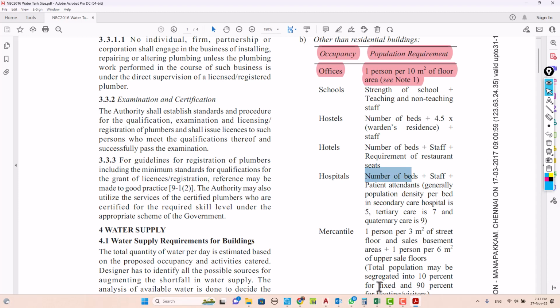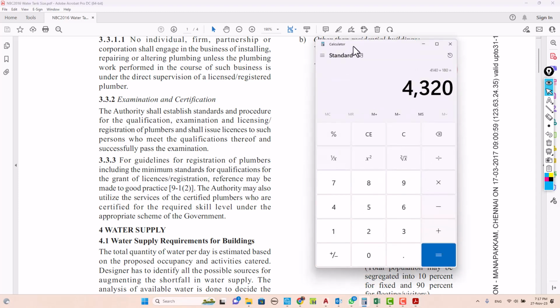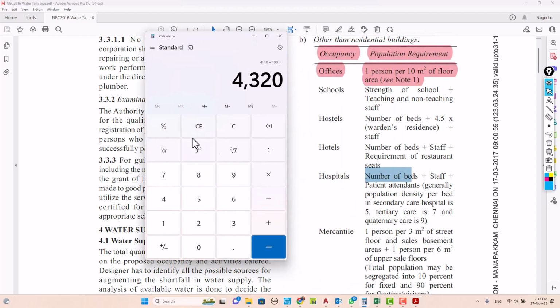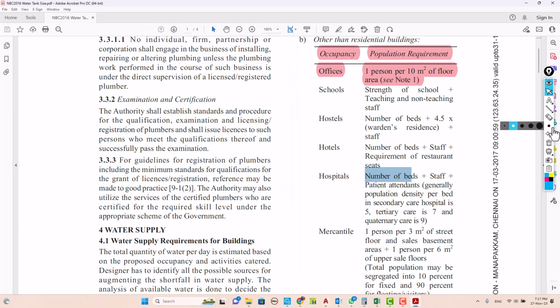Suppose we are going to size the water tank for a hospital, and the number of beds in the hospital is, say, 40.